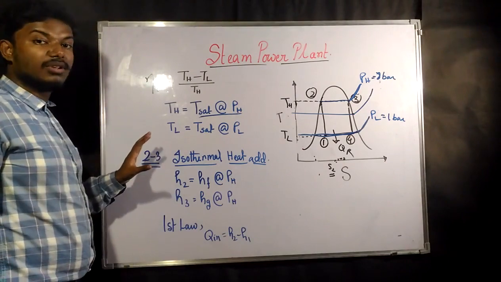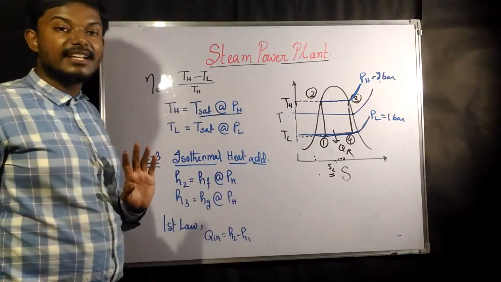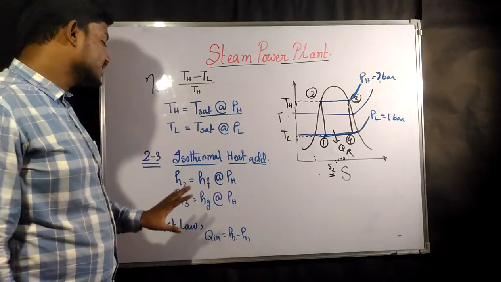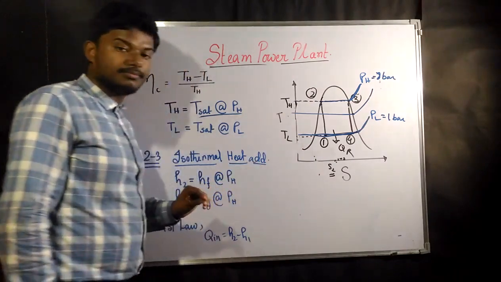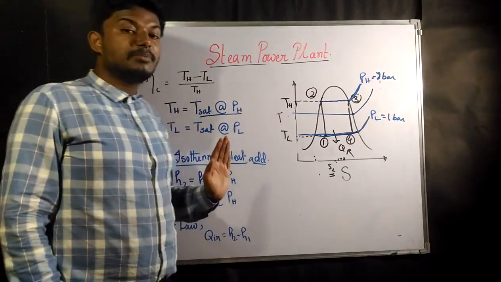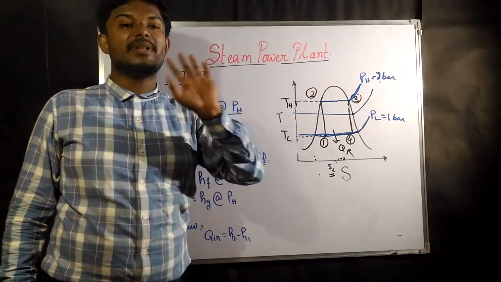Now the first process we are going to consider here is 2-3, the isothermal heat addition process. It is going from point 2 to 3, that means it is going into the boiler and coming out of the boiler. That means the boiler is an open system.